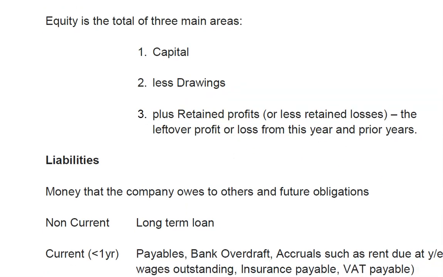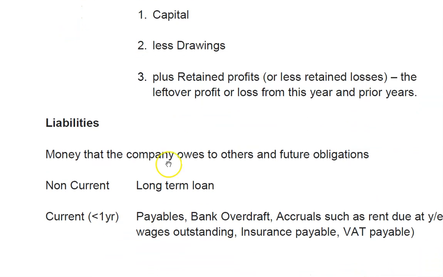And then the remaining items are liabilities. So obligations and money owed to third parties, such as long-term loans, and then these items, so payables, items bought off suppliers on credit. Bank overdraft, accruals, items owed at the year end or outstanding.